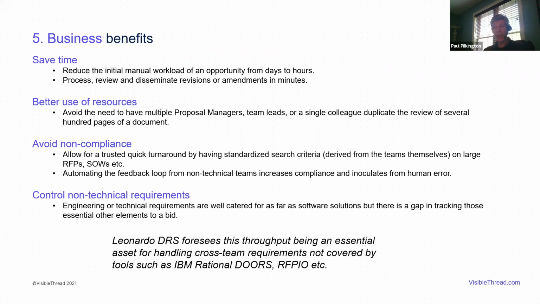But where the gap was, and again going back to part of our problem, was the non-technical requirements, the functions that are not as well disciplined or versed in scrubbing and accounting for requirements.